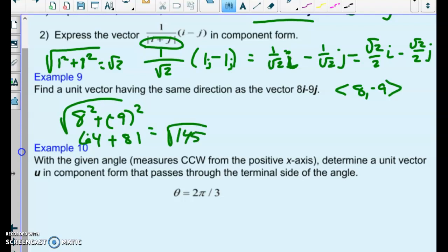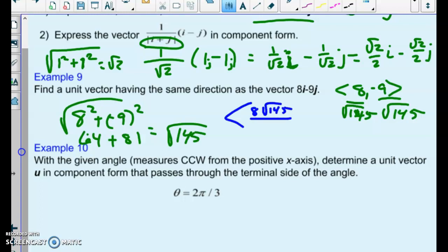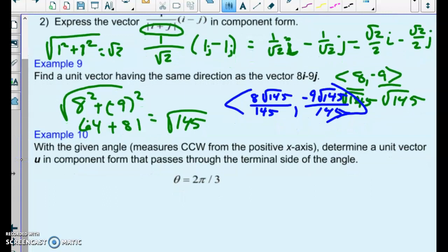So if I take each of those divided by its magnitude, and just for the fun of it, I'll rationalize, I get 8 root 145 over 145, comma, negative 9 root 145 over 145. And so we know that those are 1 unit long, and if you wanted to, you could put it in the Pythagorean theorem and figure out how long it is.